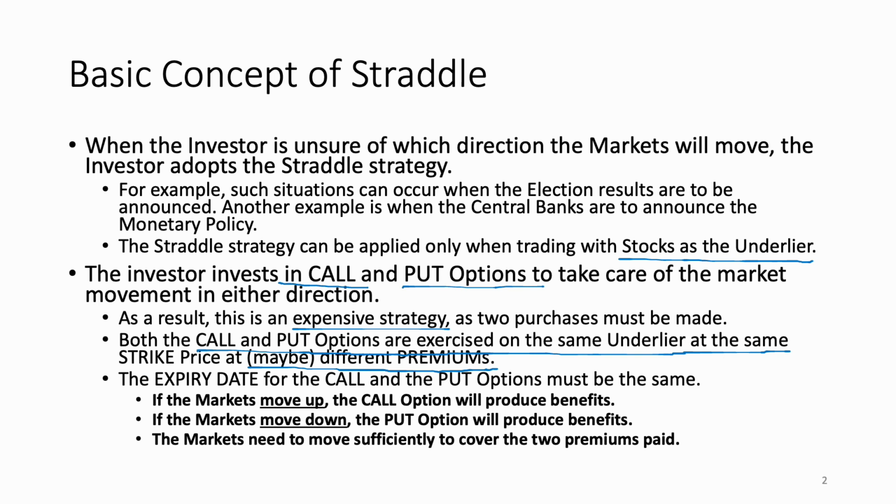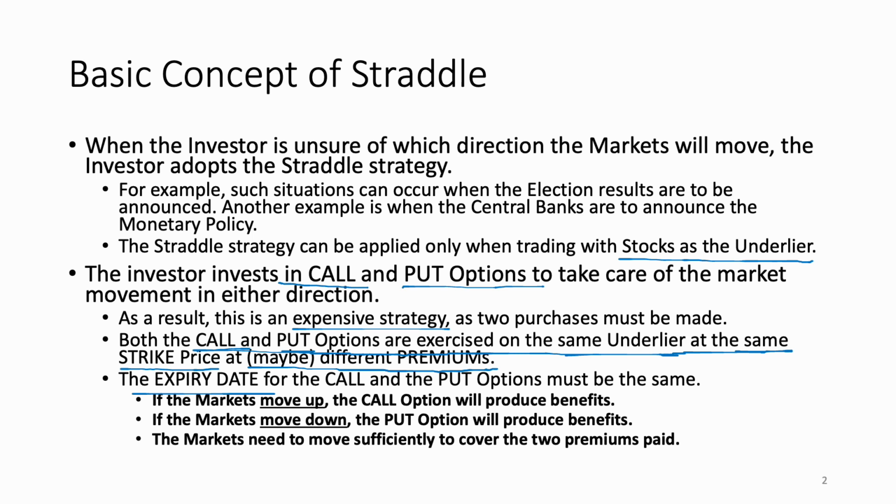So the important thing is that a call option is purchased, and a put option is purchased on the same underlier for the same quantity at the same strike price and maybe a different premium. And this straddle option is exercised on the same expiry date for both the call and the put option.